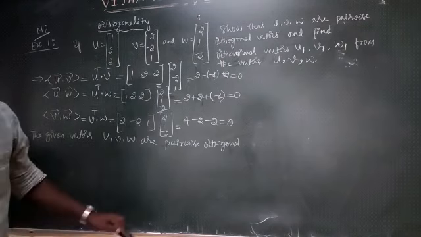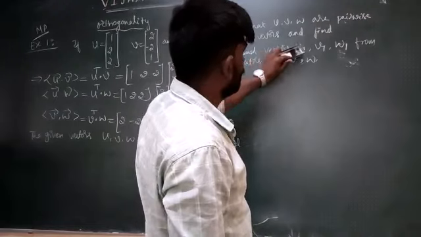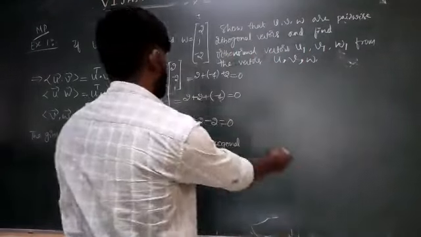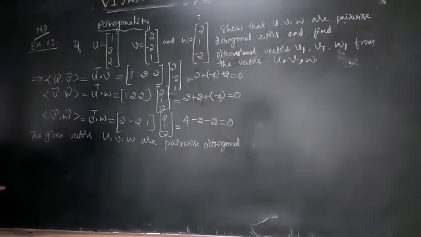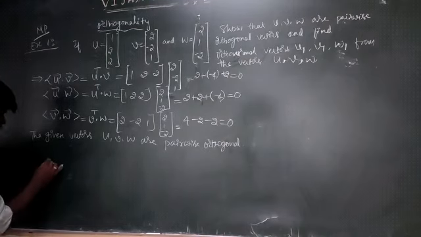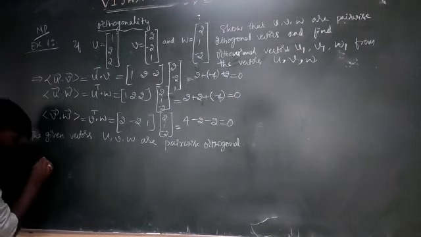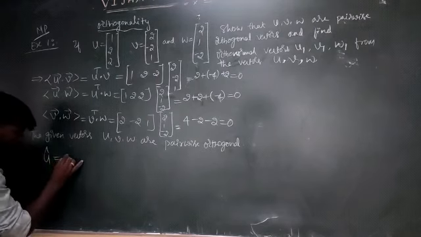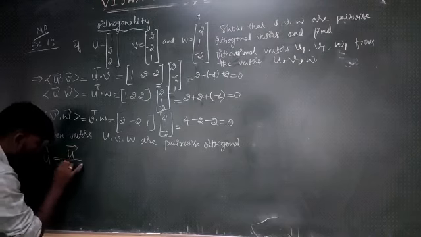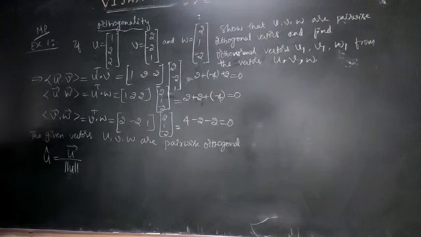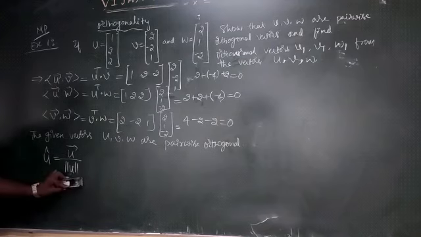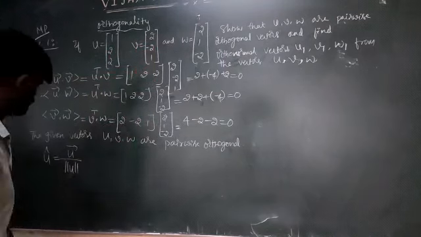Next we find the orthonormal vectors u1, v1, w1 from the vectors u, v, w. To find orthonormal vectors, we have a formula: u cap equals the vector u divided by the norm of u. For this, we need the norm of these three vectors.